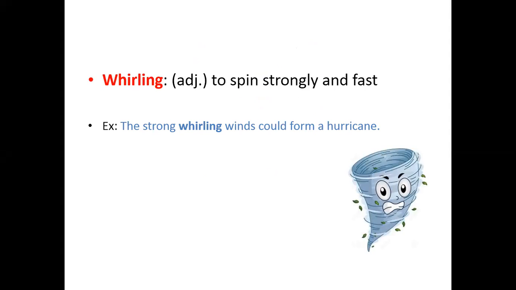I use it to describe a noun, like I say whirling wind, or, for example, the blades of the helicopter are whirling. For example, I have: the strong whirling winds could form a hurricane. So the first word is whirling, which means to spin and to rotate very strongly. Okay, next one.